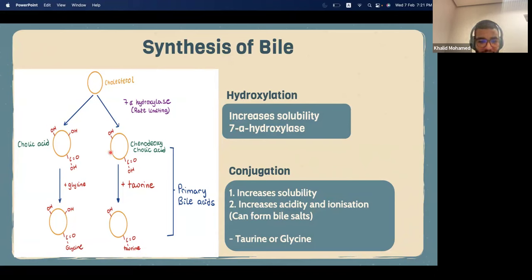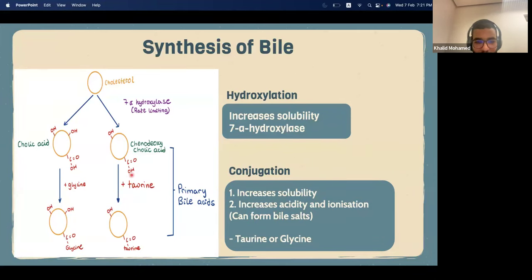So until this step, they're just bile acids. Okay, they're acids, and once we add a cation to acids, they form salts. Okay, so we add either sodium or potassium to make them bile salts. Okay, and these two amino acids are taurine and glycine.